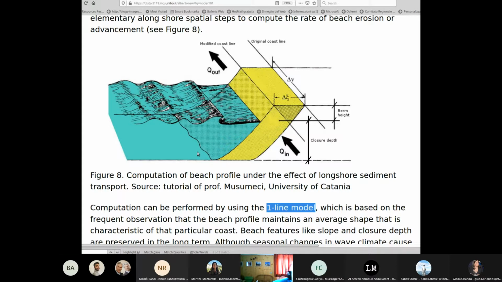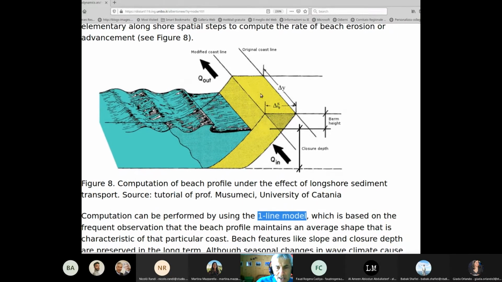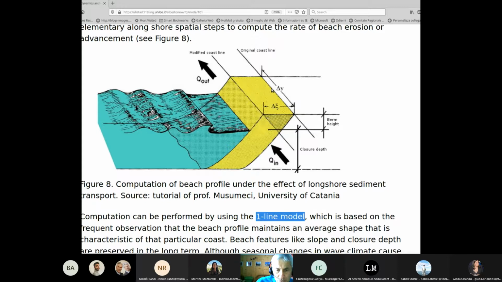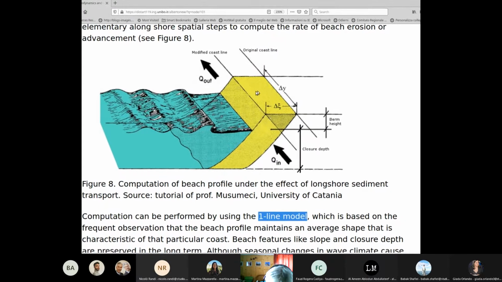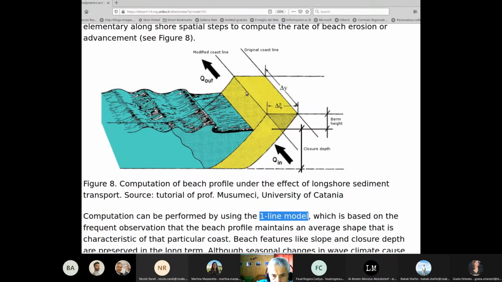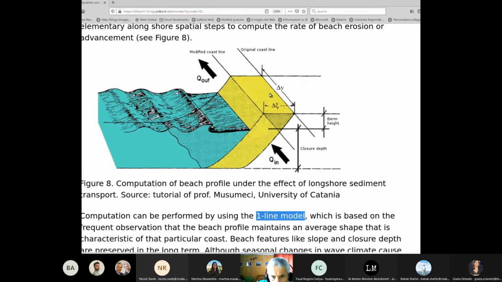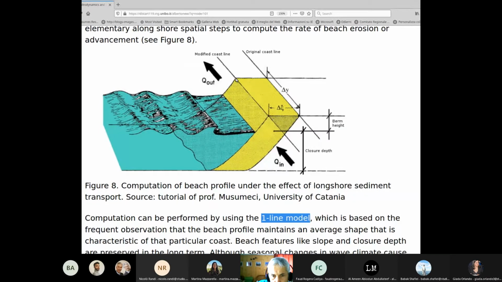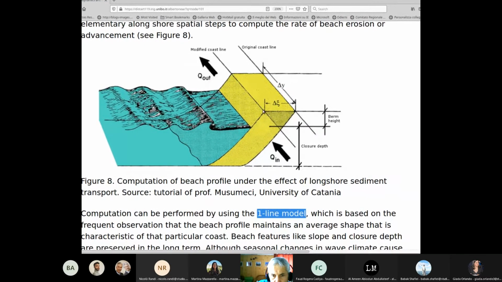So this model is very simple. Why is it called one line? Because it relies on a very simple assumption. It relies on the assumption that the shape of the beach doesn't change during the evolution, which means that the beach, look at this figure and look at where my mouse is placed, moves back and forth, landside and back, by keeping the direction of the coastline unchanged.